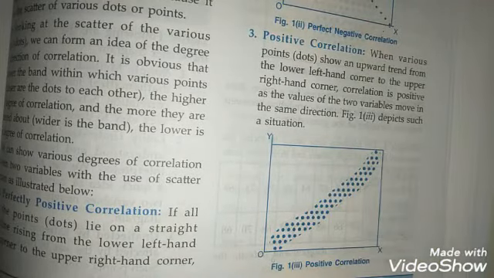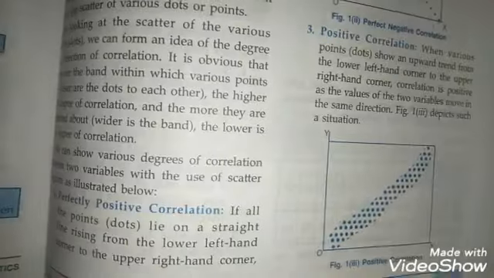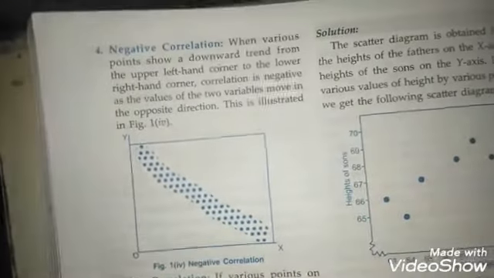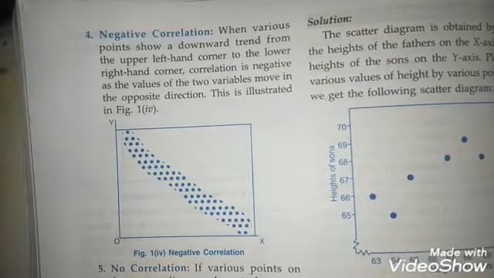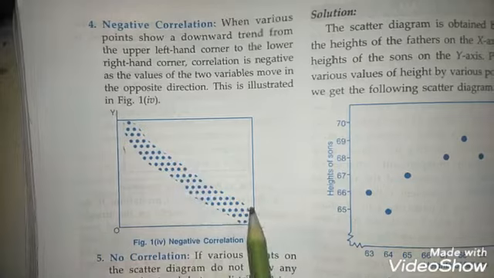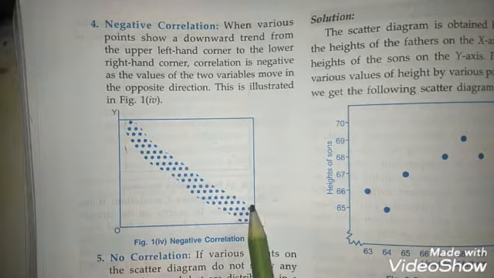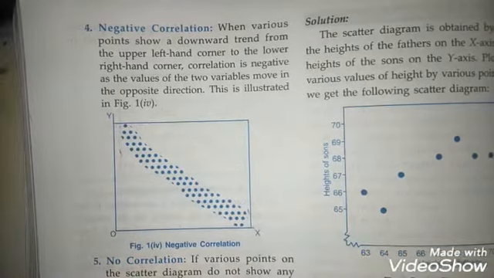This is said to be a positive correlation as both of them are moving in the same direction. Fourthly, we have negative correlation, where it is depicted by a downward trend from the upper left hand corner to the lower right hand corner. So this kind of diagram shows us negative correlation between two values.